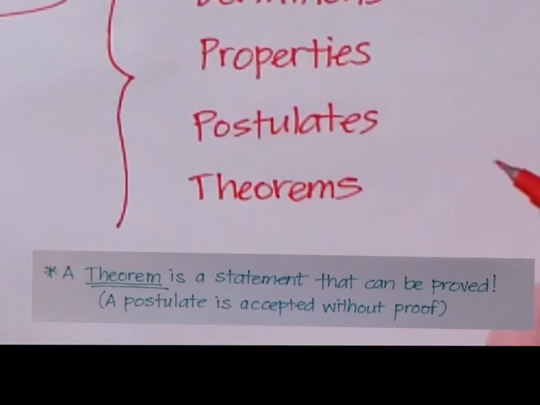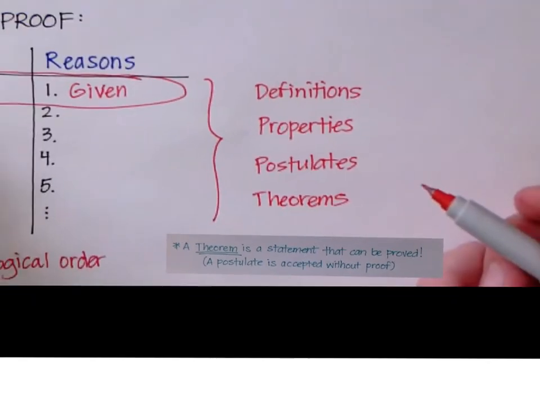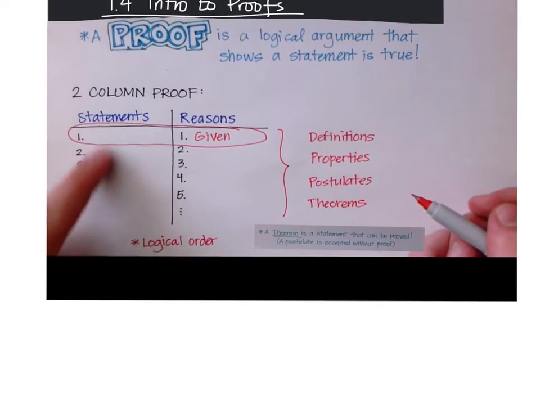So think like Pythagorean theorem, they had to prove that that was true and worked in all different cases. So that's what a theorem is. And we learned last week that a postulate is something that's accepted without proof. So it's just kind of like common sense, and it's almost so simple that there's not a way to prove it to be true.